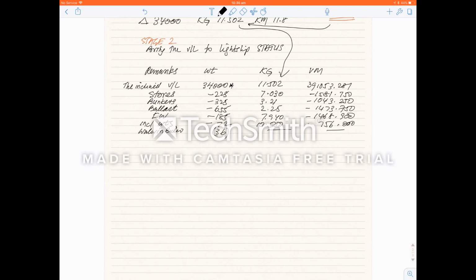Then we have a crane, which forms part of the light ship, but it is still outside. Let's assume that we have to bring that on board. 50 tons. And where are we going to put it? In a position KG 9 meters. Therefore, it's a plus.